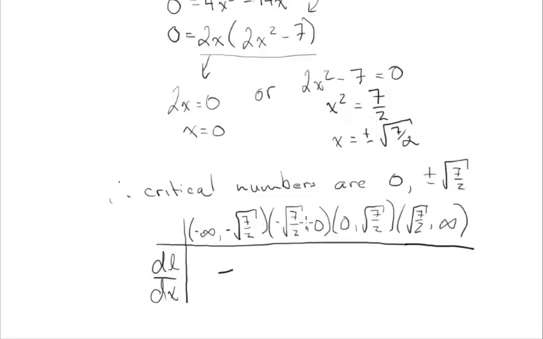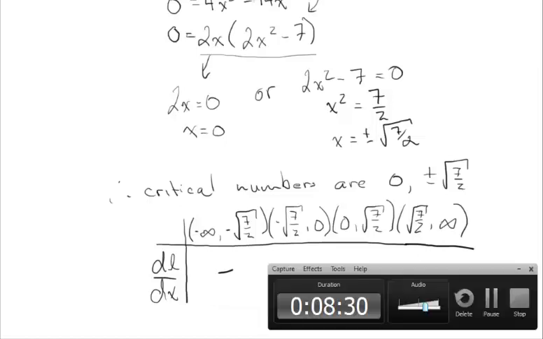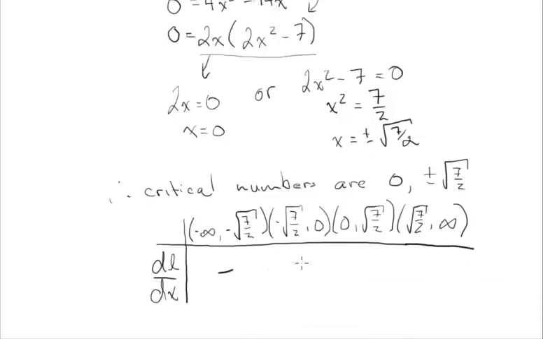If you took a number here, subbed it in, you would get a positive number. Took a number between these two, you get a negative, and here you get a positive.